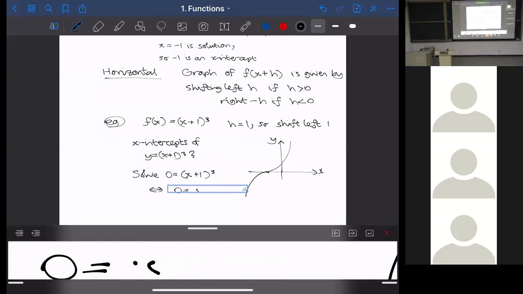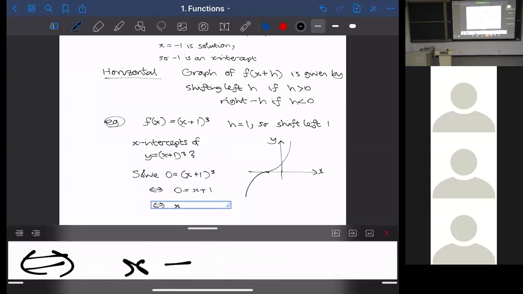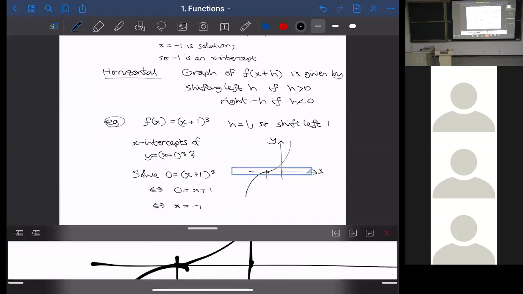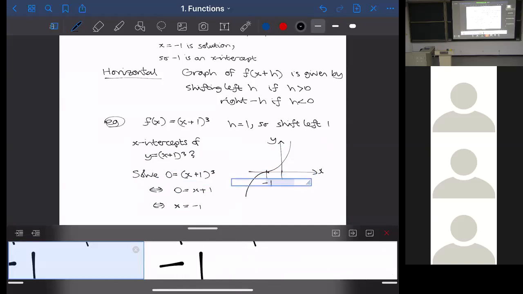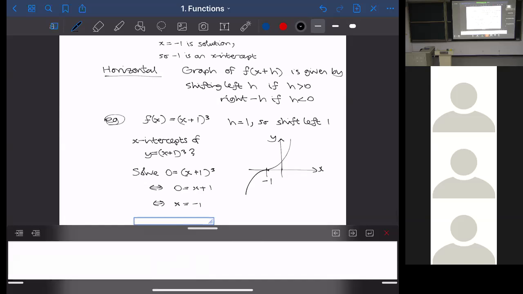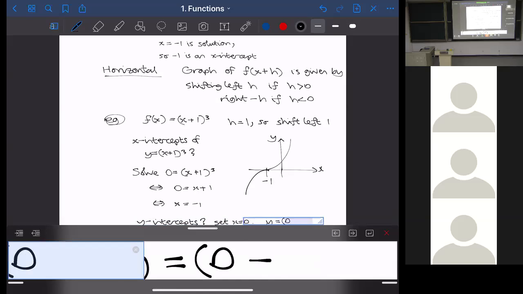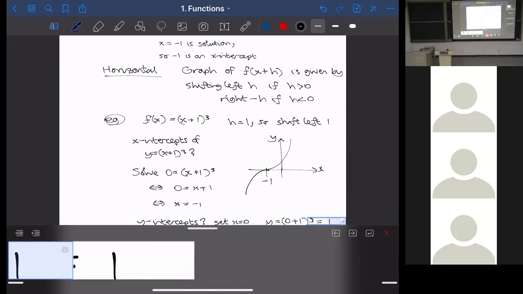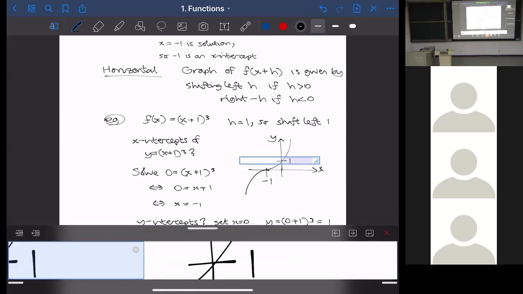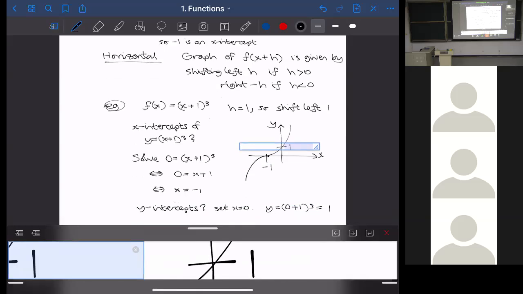For the right-hand side to be 0, x plus 1 must be 0. So x has to be minus 1. And what about the y-intercepts? We set x equals 0. So y is (0 plus 1) cubed, which is 1. Okay.